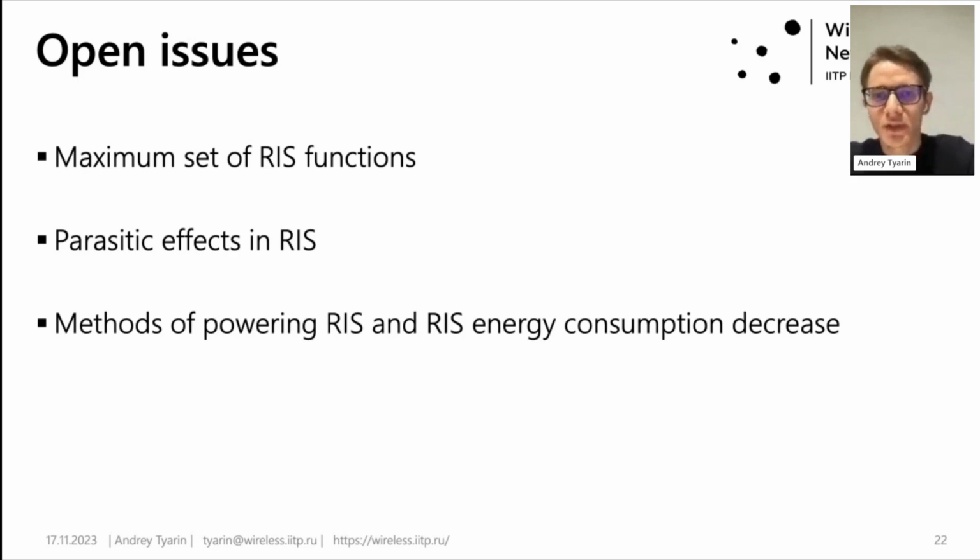In outdoor scenarios, if RIS has solar cells, for example, that will provide it enough power. In indoor scenarios, it is assumed that one battery supplies enough power for a long time.